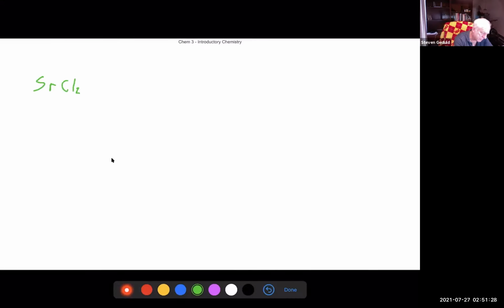Strontium chloride plus sodium fluoride goes to strontium fluoride plus sodium chloride. Can even balance it for you, right?